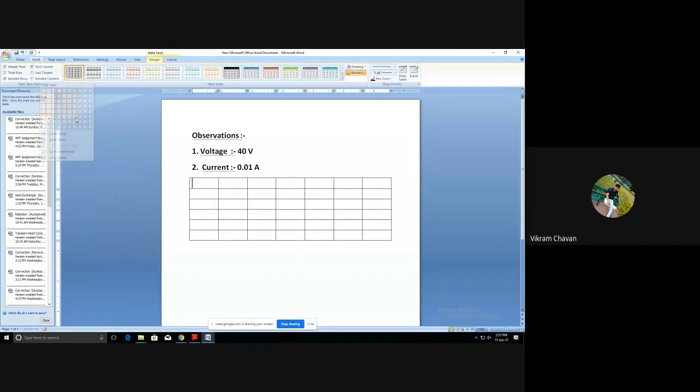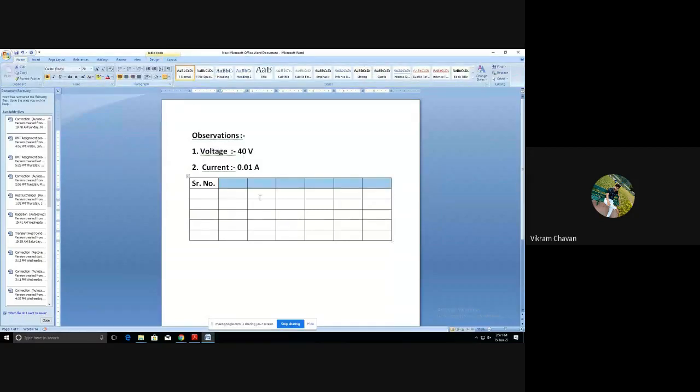In this manner, use a serial number 1, 2, 3, 4, and here you can also write inner sphere temperature reading. This will be merged.